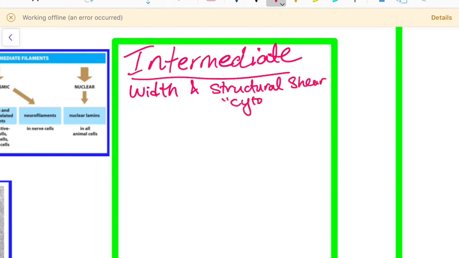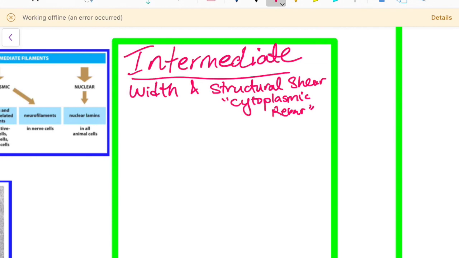Also, we'll call it the cytoplasmic rebar. It is basically found in the skin as keratin. In the skin, it gives it strength, the glue, as well as connecting the skin cells. We also find this in hair, feathers, claws.